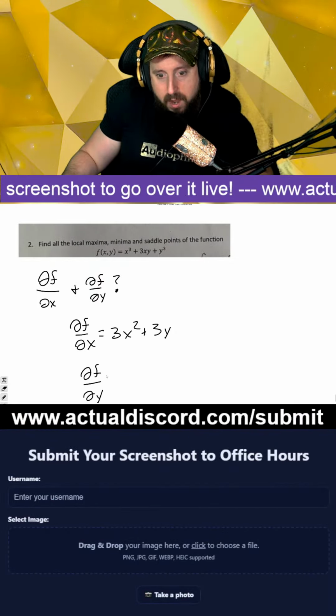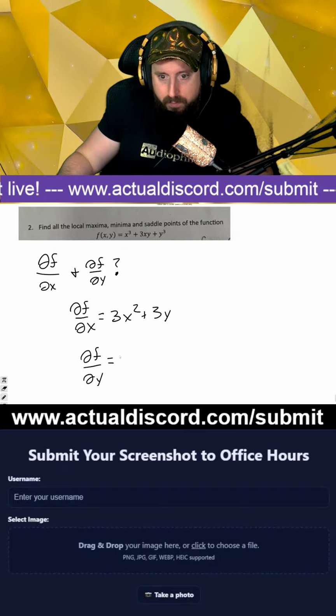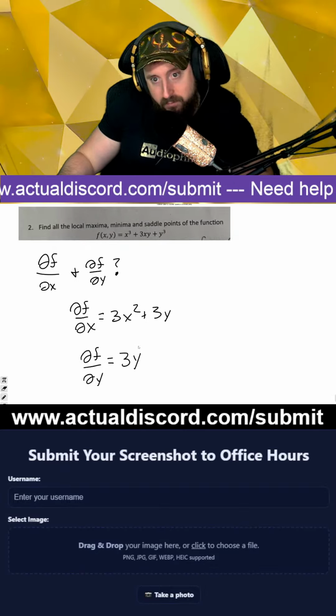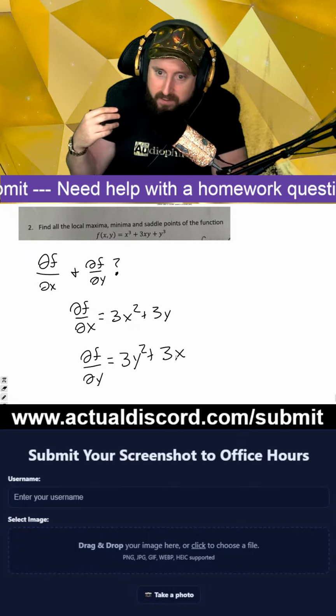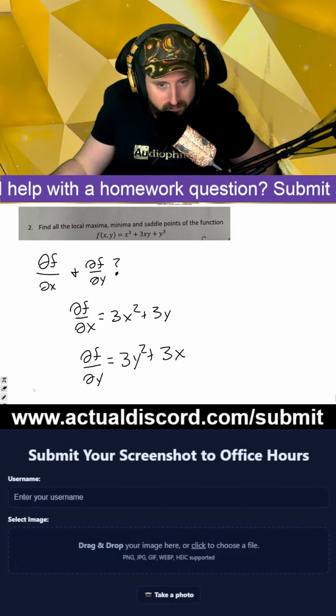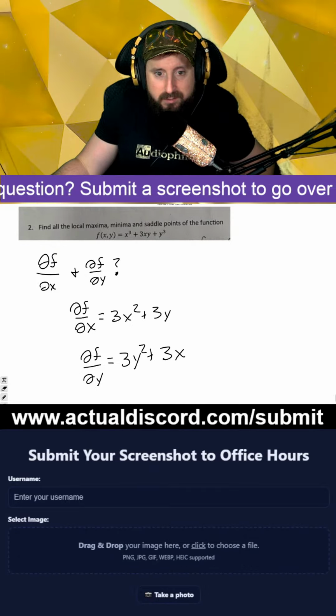Partial f, partial y is equal to 3y squared plus 3x. Oh, that's actually kind of fun. Okay.